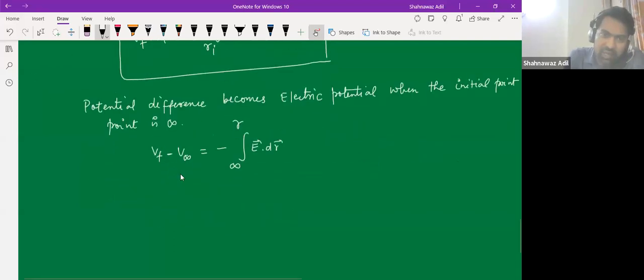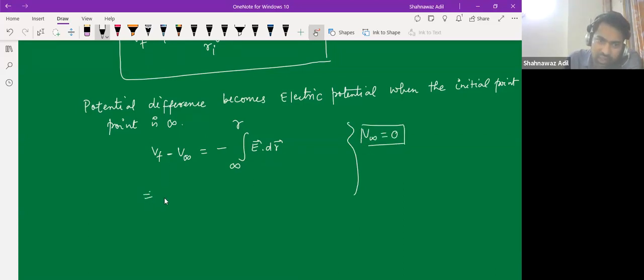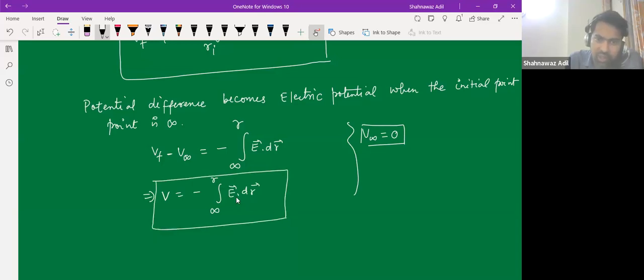So we know that at infinity, potential becomes 0. So V at infinity is 0. So then we will get this as the electric potential: minus the integral from infinity to R of E dot dr, right? So this would be the electric potential in the presence of an electric field. So that is the idea of electric potential in the presence of an electric field.